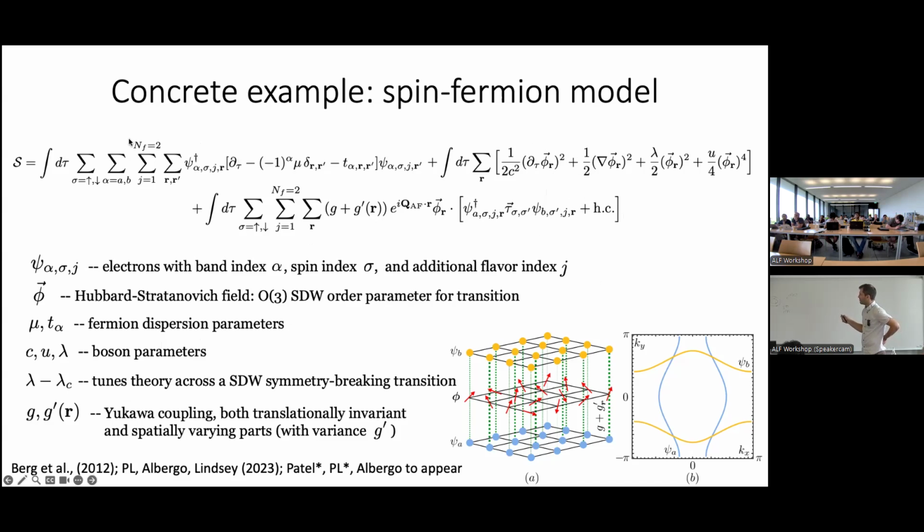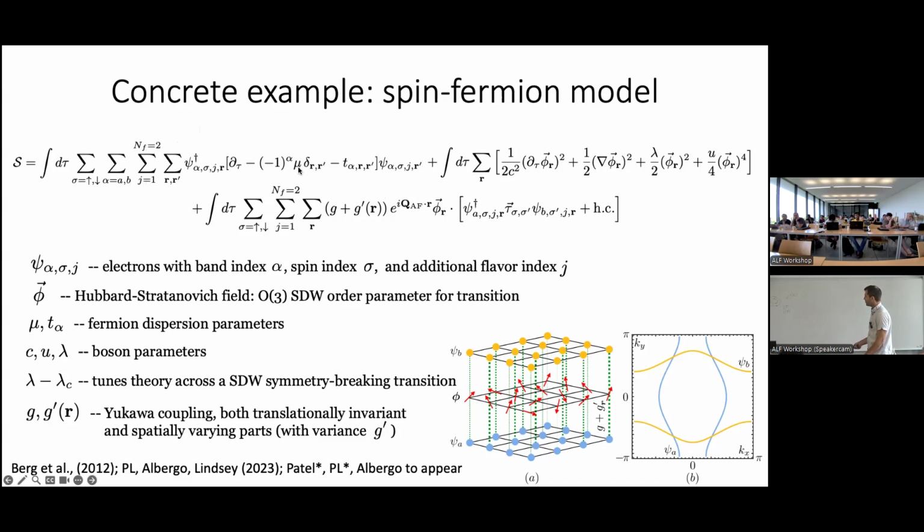And like I was saying on the first slide, sometimes you can double the number of your fermionic degrees of freedom to make this pseudofermion trick viable. That's what we do here, where this j index is between 1 and 2, whereas in an ideal scenario you would want to study n f equals 1. Here g is the Yukawa coupling between this boson and fermion.